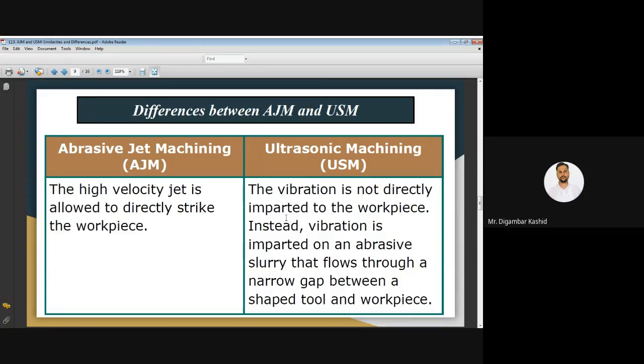The vibrations of the tool are not directly transferred to the workpiece, but are transferred to the abrasive slurry. Due to that vibration, the abrasive slurry impacts the workpiece and then material is removed.